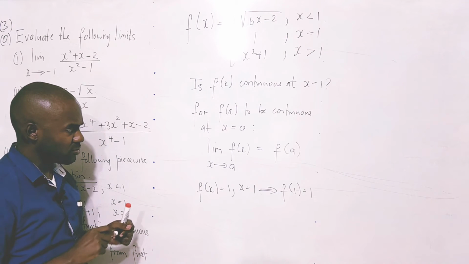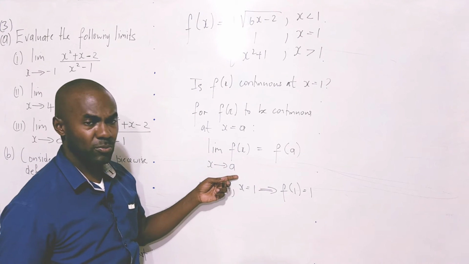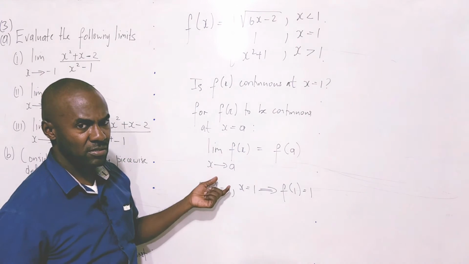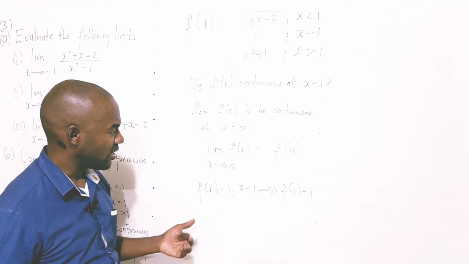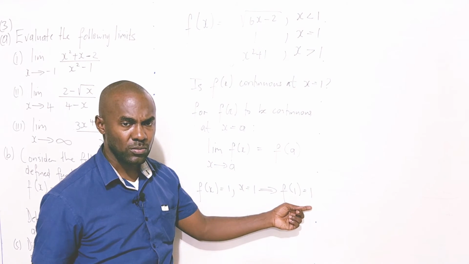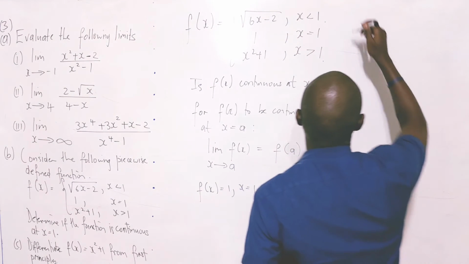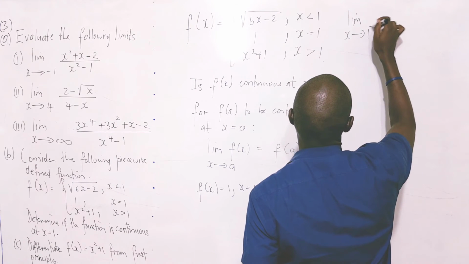The next thing we must do is to find the limit of the function as x approaches 1, which means we must examine the left-hand limit and the right-hand limit and see if those are equal and if they're actually equal to 1. So we want to examine the left-hand limit of f of x, the limit as x approaches 1 from the left.